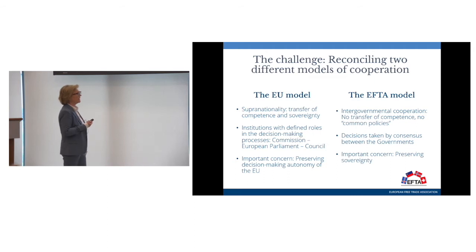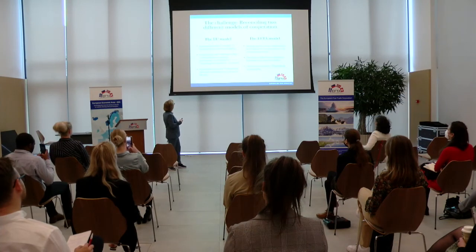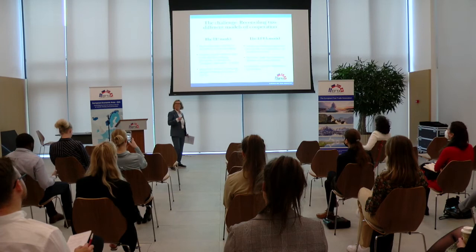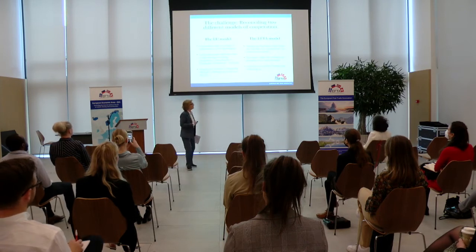And of course, it has always been a major concern and object in EU cooperation to preserve the decision-making autonomy of the EU, whereas an important concern as regards EFTA cooperation has been to preserve sovereignty.